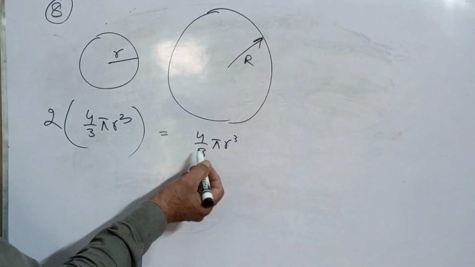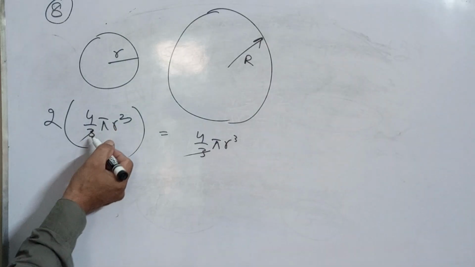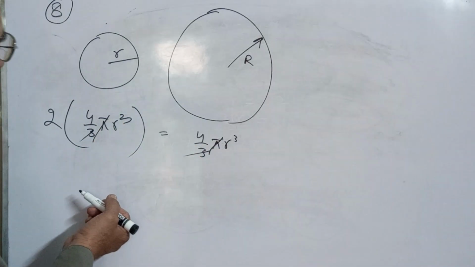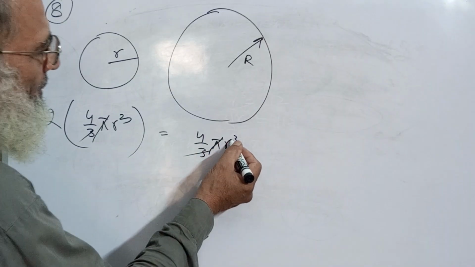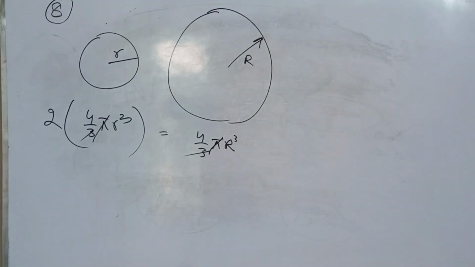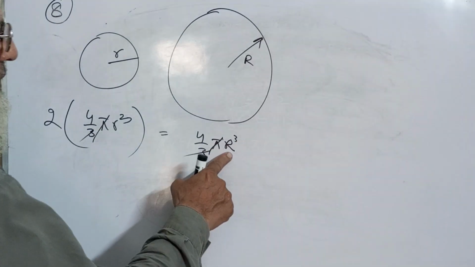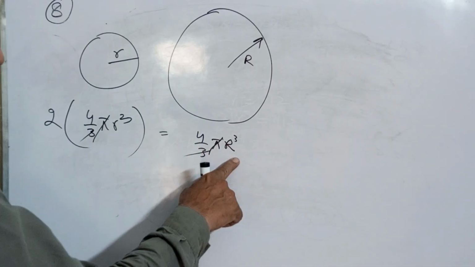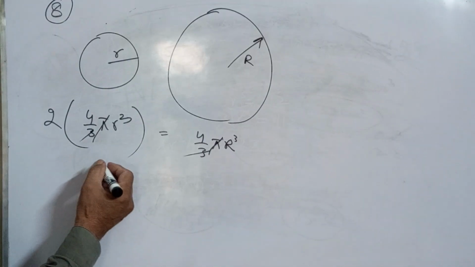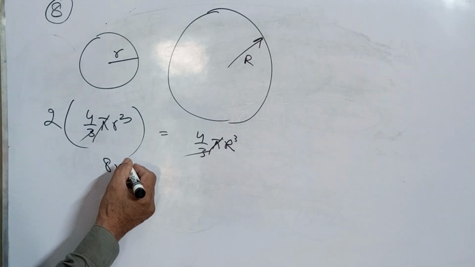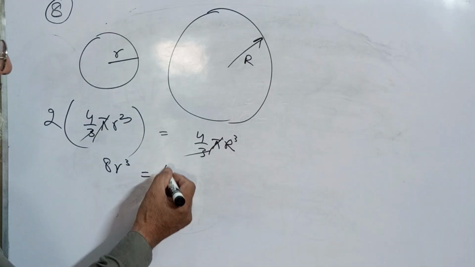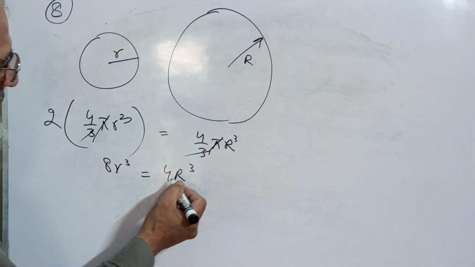So you see that both quantities over here are equal. This is r. Okay. So these cancel because this is smaller r, this is capital R. So this will become 8r cube. 8r cube is equal to 4R cube.